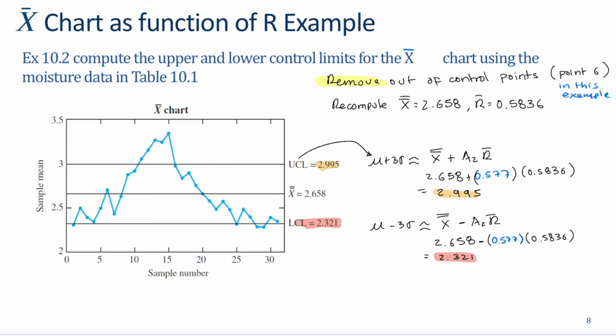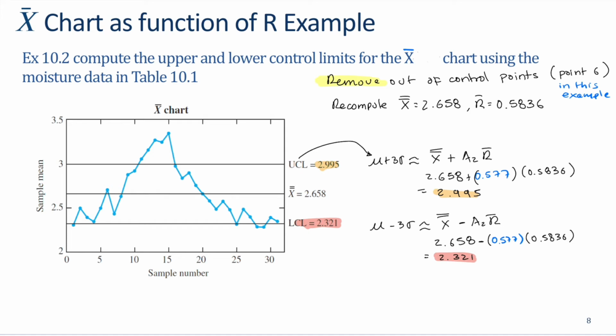After that, we have to recompute X double bar and R bar, so the mean of the means and the mean of the ranges. Now, the upper control limit is equal to mu plus 3 sigma and is approximated as X double bar plus A2 multiplied by R bar.